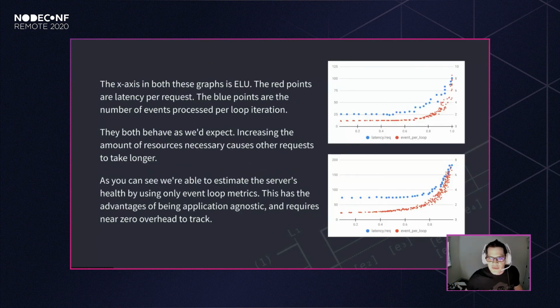Here are two graphs that are comparing the latency per request, and in the red is the events per loop. The x-axis again is ELU. So it's doing a comparison of multiple processes together, and as we'd expect, as the amount of work increases, the trend of the number of events and the amount of latency per request increases as well.